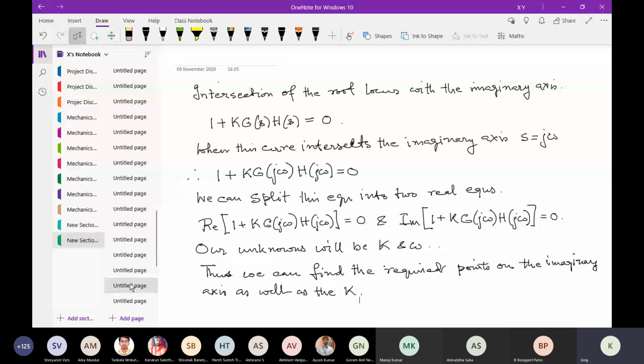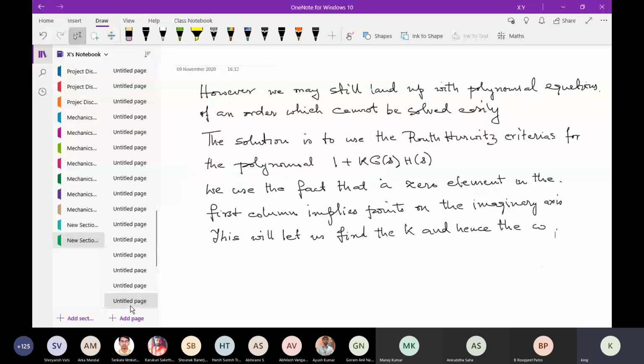But the problem with this is that when our polynomial itself is of quite a high order, then we will land up with cases where either the imaginary or the real or both parts have roots that are not quadratic or even cubic or quartic.